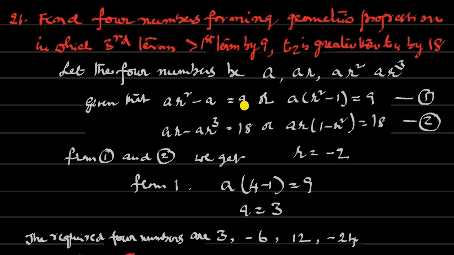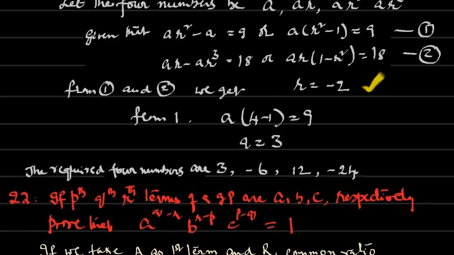So if you simplify this, a times r square minus 1 is 9, ar times 1 minus r square is 18, and you are getting r equal to minus 2. Once you know r equal to minus 2, you put it in either of these to get a.